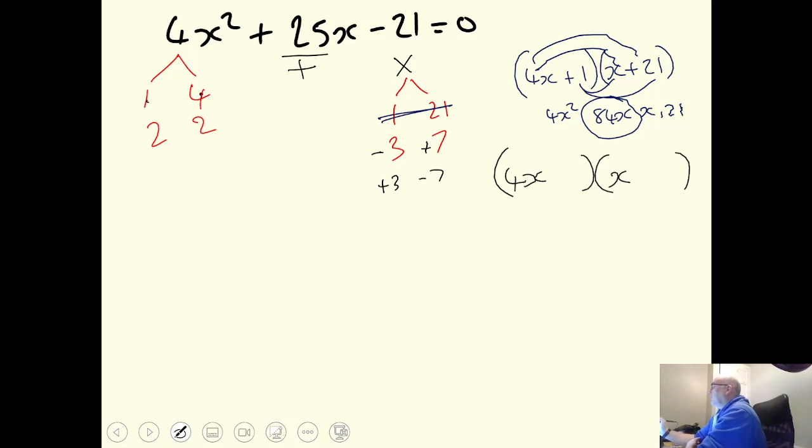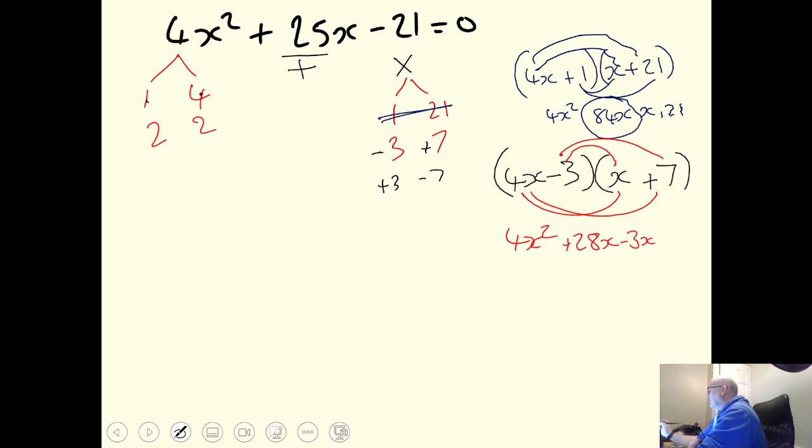So 4 times the 7 gives me 28. 1 times the negative 3 is minus 3. And if I now just work through that and expand it to make sure it fits the original equation, 4x times 7 gives me plus 28x. x times negative 3 gives me negative 3x.